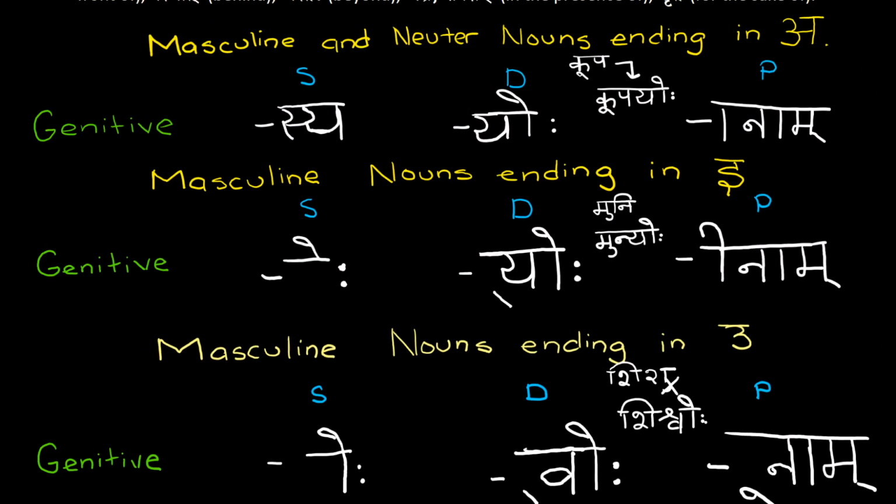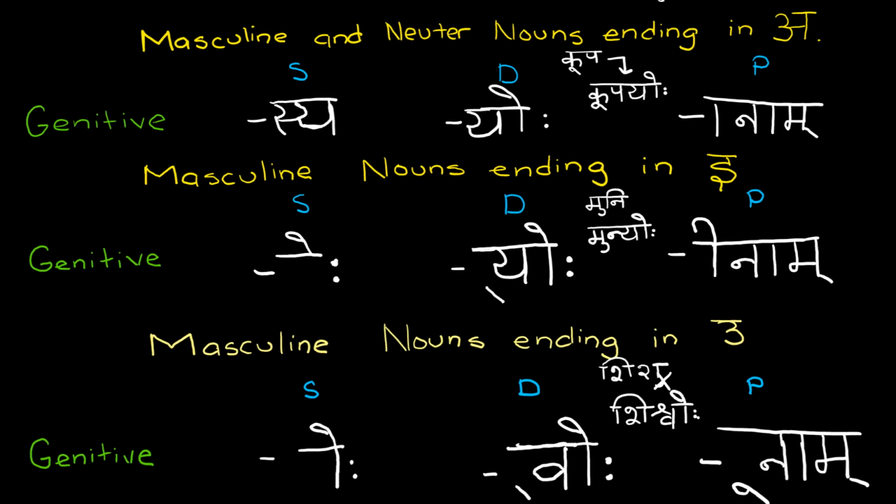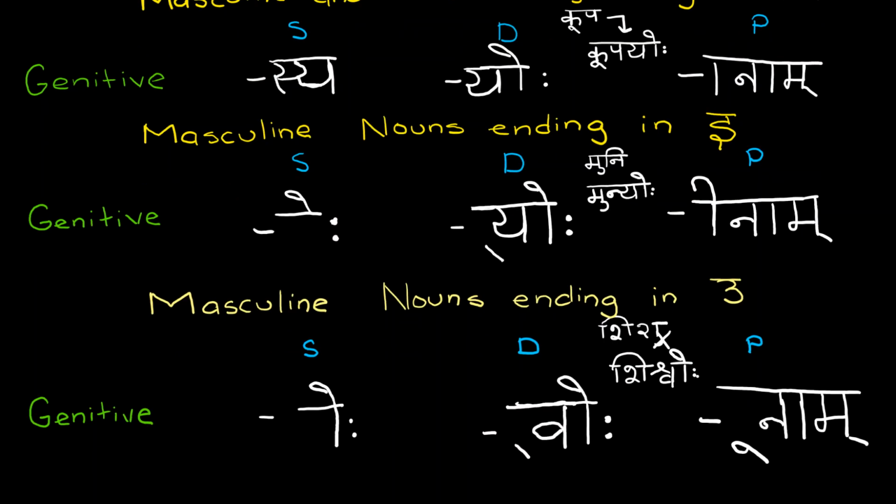For the genitive singular case endings that we've learned so far, they're all pretty different. You have asya, so for example, kupasya. For i, it would be eho, so you would have muneho. And for genitive singular of shishu, you would have shishoho.